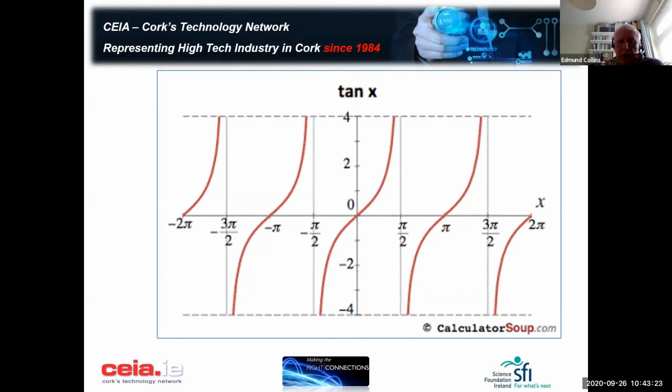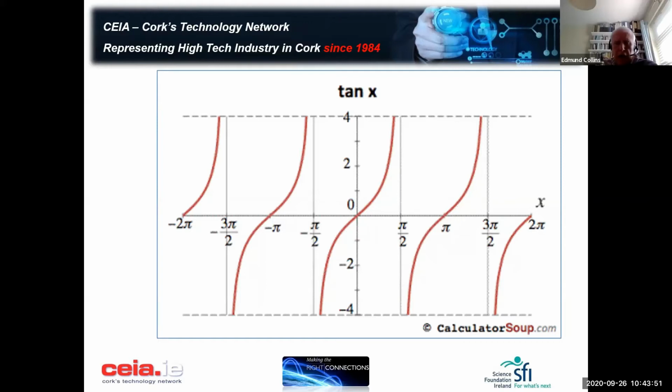So we can see again from the work we did on the unit circle, if we take the positive part, pi over 2 radians, that it goes to infinity. It's asymptotic there. It comes back from infinity there, goes up towards pi. It's 0 at pi radians, or 180 degrees, and then moves up towards infinity at 3 pi over 2, and so on. And it repeats itself.